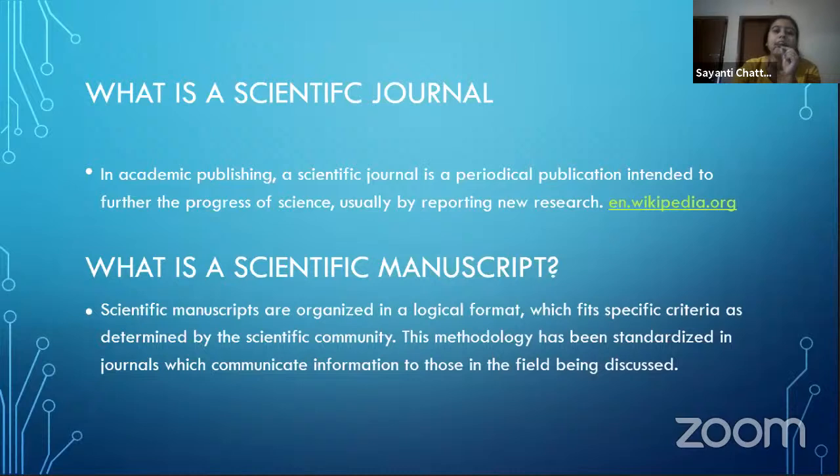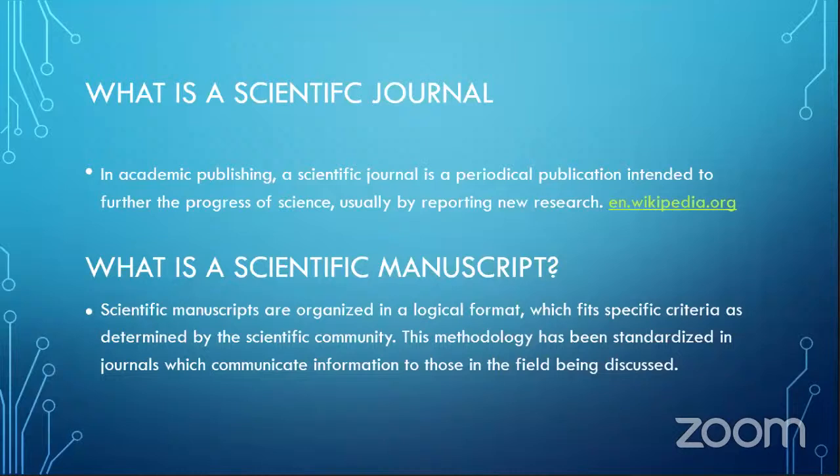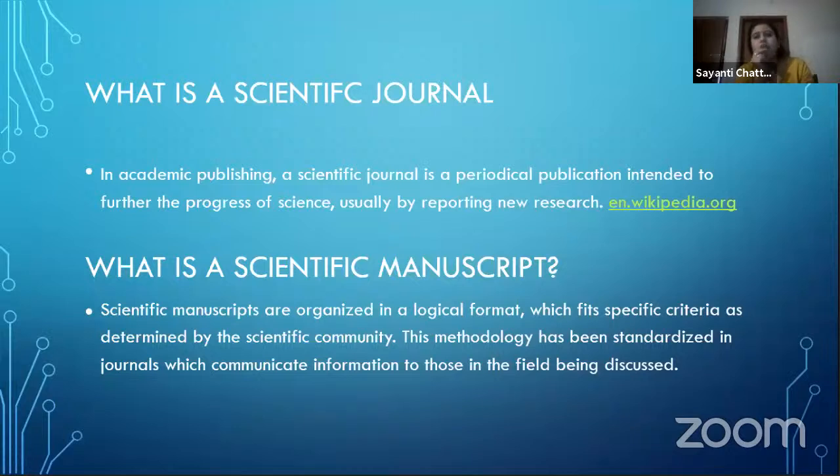IEEE has some specific process to publish it. They have some format. So we have to write the script in that format, and this writing part is the manuscript. When manuscript is published, it can be taken as the scientific journal. So this is the basic difference between a scientific journal and manuscript. All journals are manuscripts, but all manuscripts are not journals.